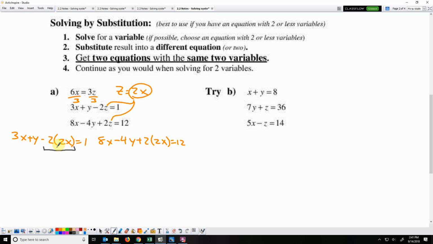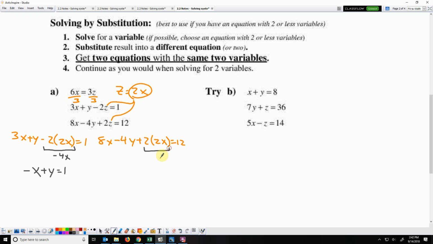So that right there, negative 2 times 2x is negative 4x. So I've got 3, now I'm going to combine that, so cancel that. 3x minus 4x is negative x plus y equals 1.